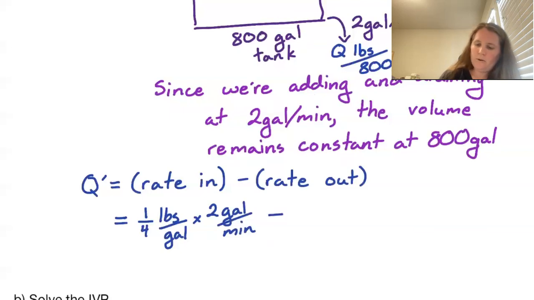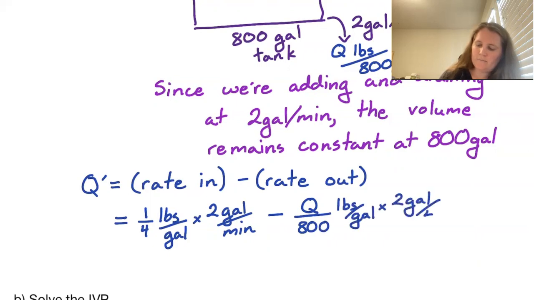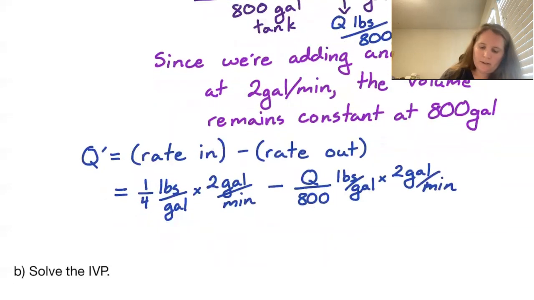Our rate out, we were looking at Q over 800 pounds per gallon times 2 gallons per minute. So this leaves us with 1/2.